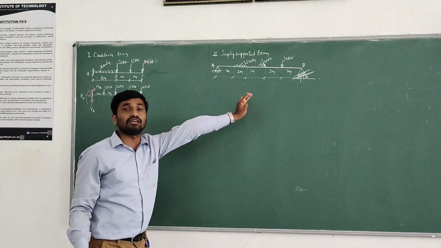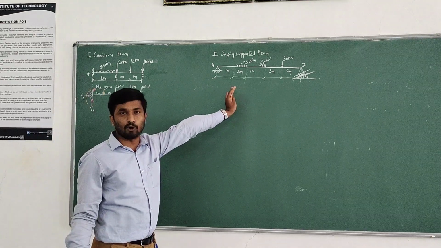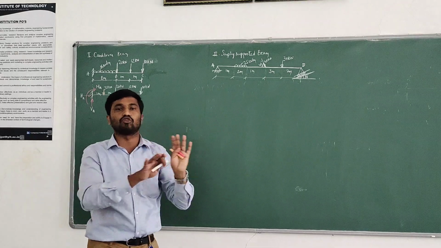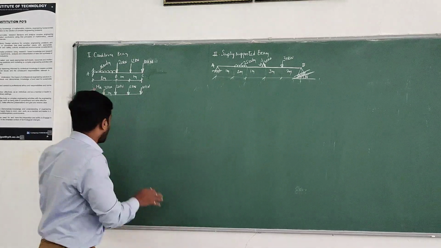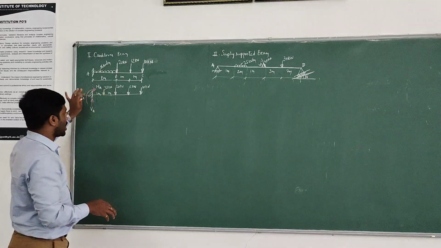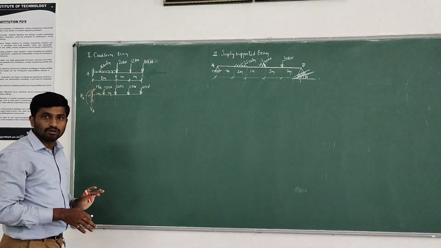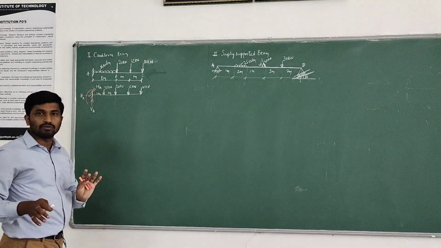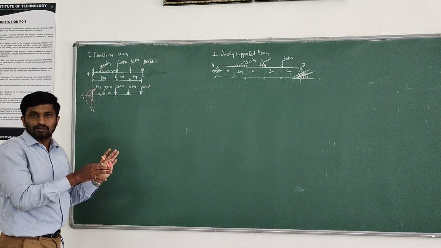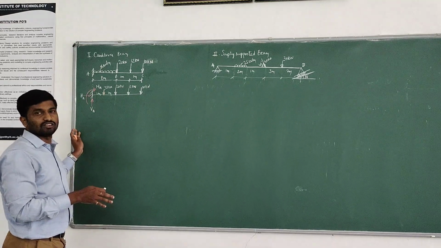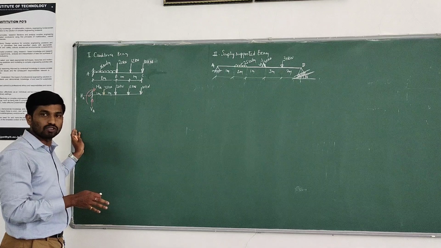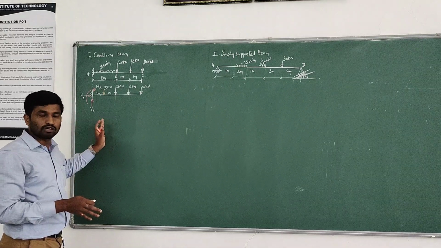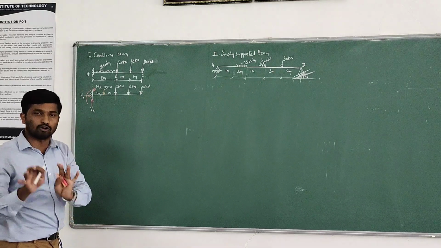Here, the unknown reactions are VA, HA and MA. So, this is the first step: write the free body diagram, indicate the possible reactions at supports, and convert all distributed loads into point loads.